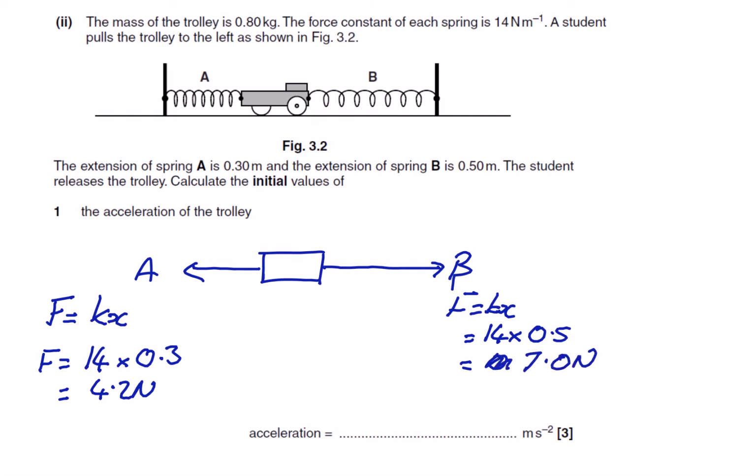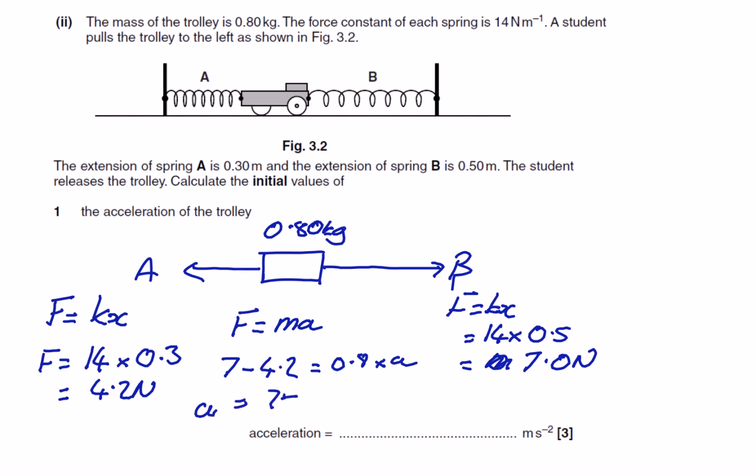Therefore we know we've got a mass of 0.8 kilograms, and we know that F is equal to ma, and our resultant force F will be 7 minus 4.2, and that's going to equal 0.8 times a. If I rearrange that, a is going to equal 7 minus 4.2 all over the mass of 0.8, and when we stick that into our calculators we get an initial acceleration of 3.5 meters per second squared.